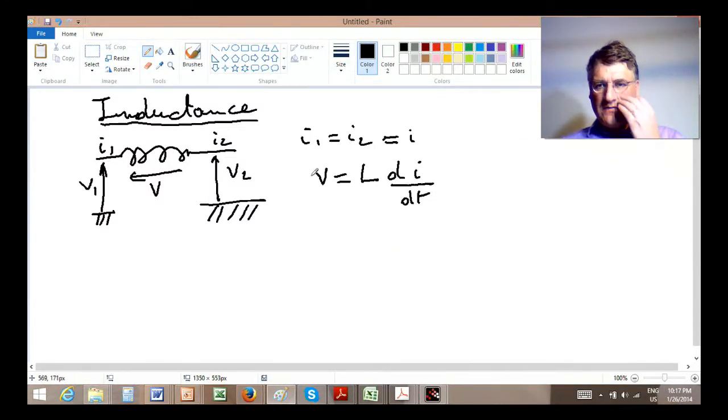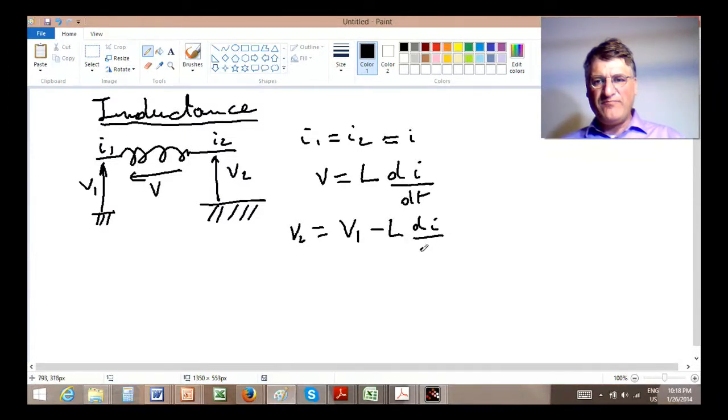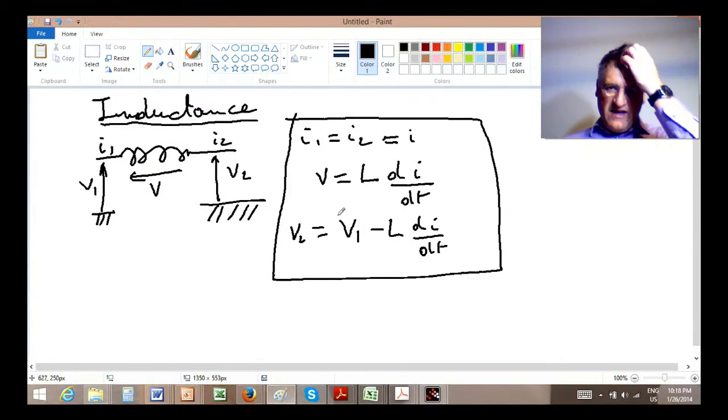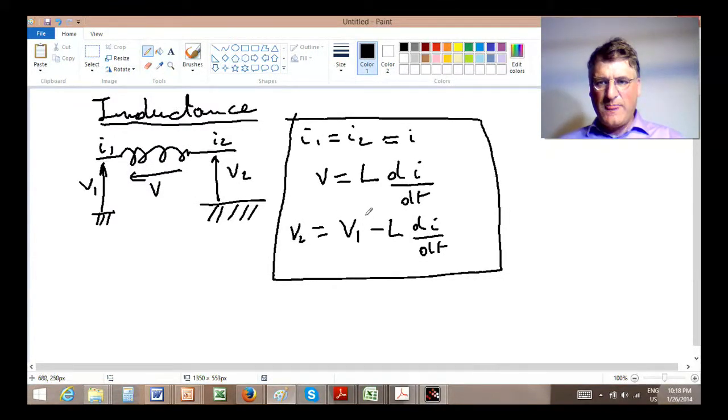So this is another kind of differential equation that leads us to V2 is equal to V1 minus L di/dt, as, again, a set of linear equations in intensities and voltages across the solenoid or the inductance.